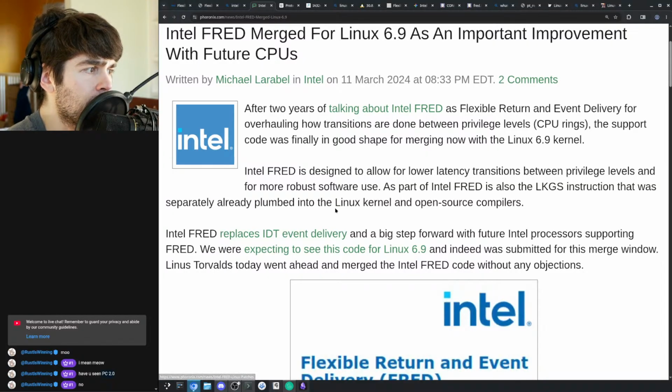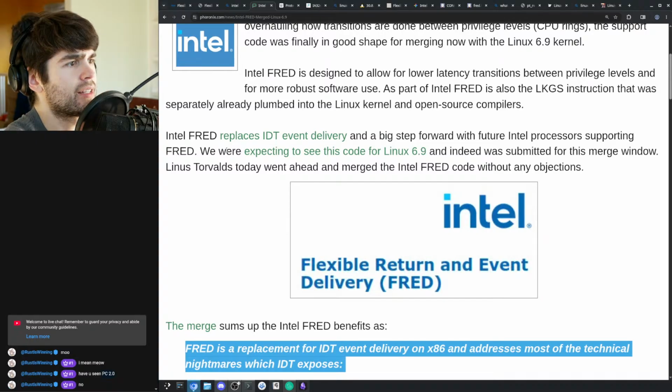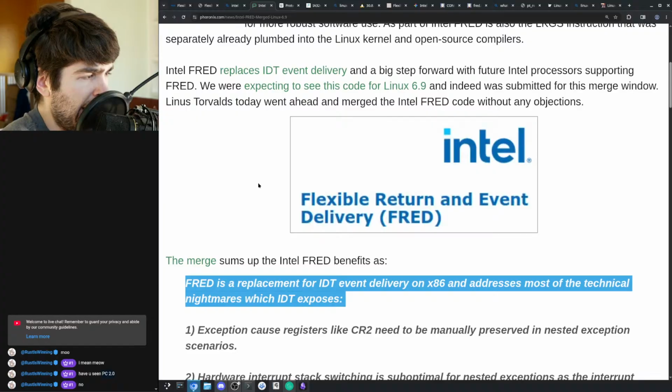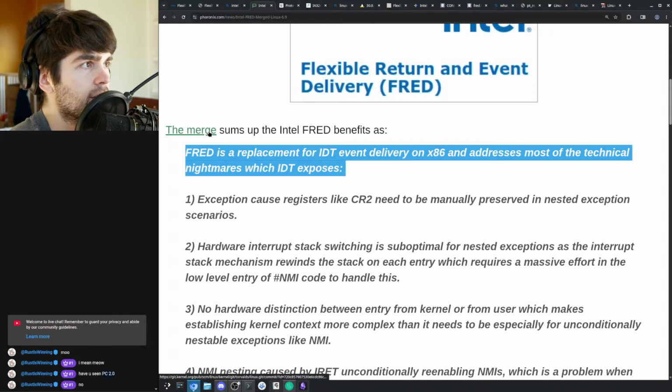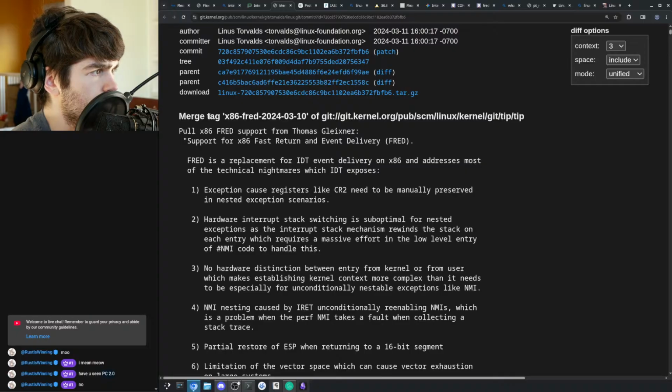Intel FRED replaces IDT event delivery and is a big step forward with future Intel processors supporting FRED. Okay. We were expecting to see this code for Linux 6.9. Okay. Let's go look at the merge. Not the merge window, just merge.